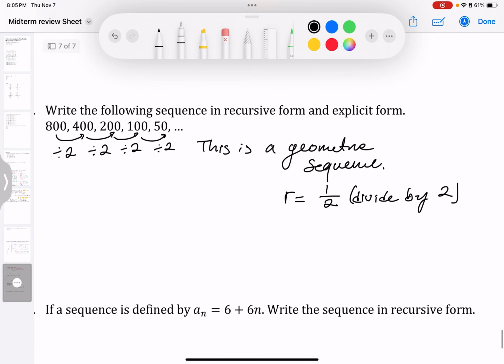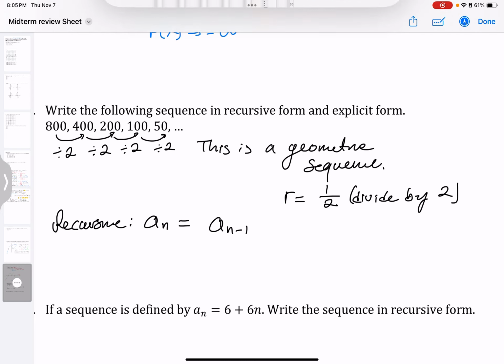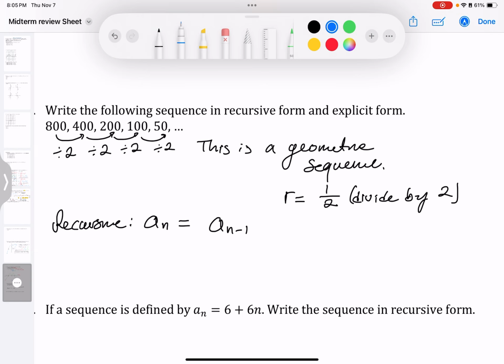So, to write it in recursive form, we can say a sub n, which means to find the next term, is going to equal the previous term, a sub n minus 1. And to find the next term, you take the previous term and you divide it by 2. But dividing by 2 is the same thing as saying multiply by 1/2.